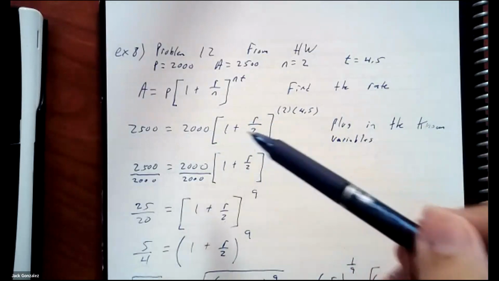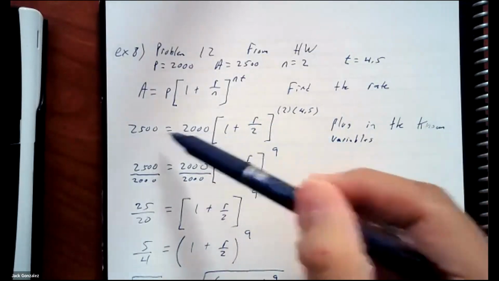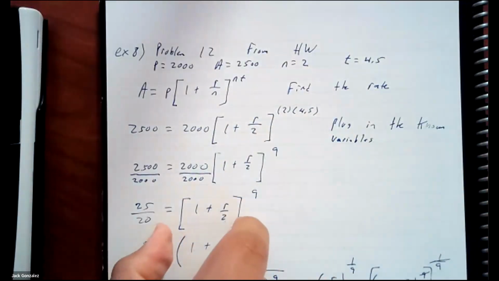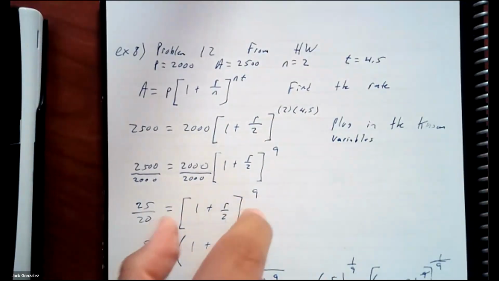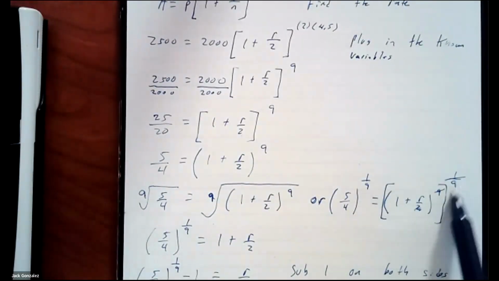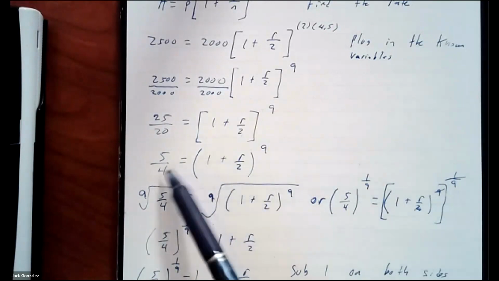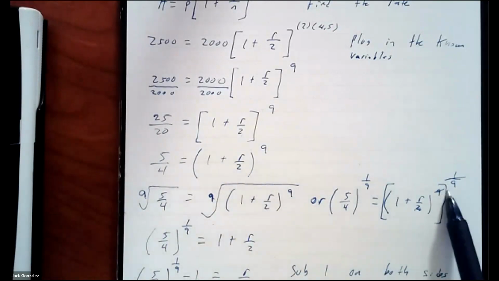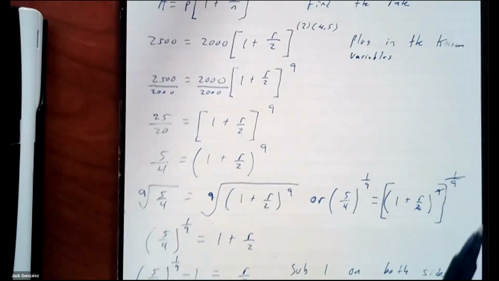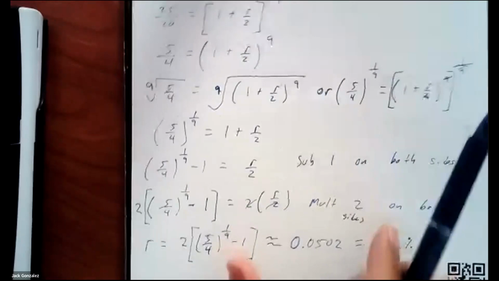Plug everything in, divide by 2,000 to get rid of it. You get it by itself right here. Once it's alone, you can do a ninth root or raise to the ninth power to cancel the 9. So I raise both sides to 1/9. Once it's canceled, the R is free. Now you can solve for it, which is what we did over here.